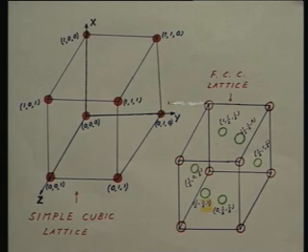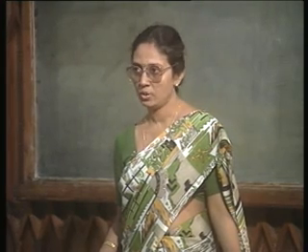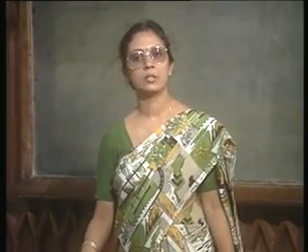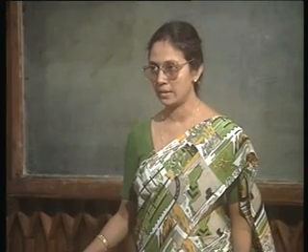And if I think of a 3-dimensional coordinate system, 3 axes x, y and z, and if I consider that the dimensions of this cube is unity, that is, it is a unit cell, then the coordinates of each of these corner atoms will be given like 0, 0, 0, 0, 1, 0, 0, 0, 1, etc. Okay? So, this is the simplest structure that one can think of, a simple cubic lattice.